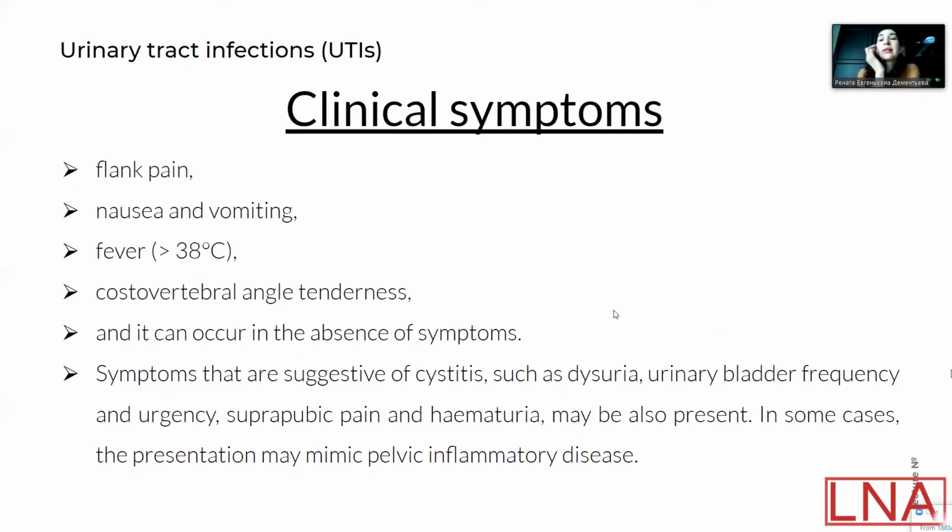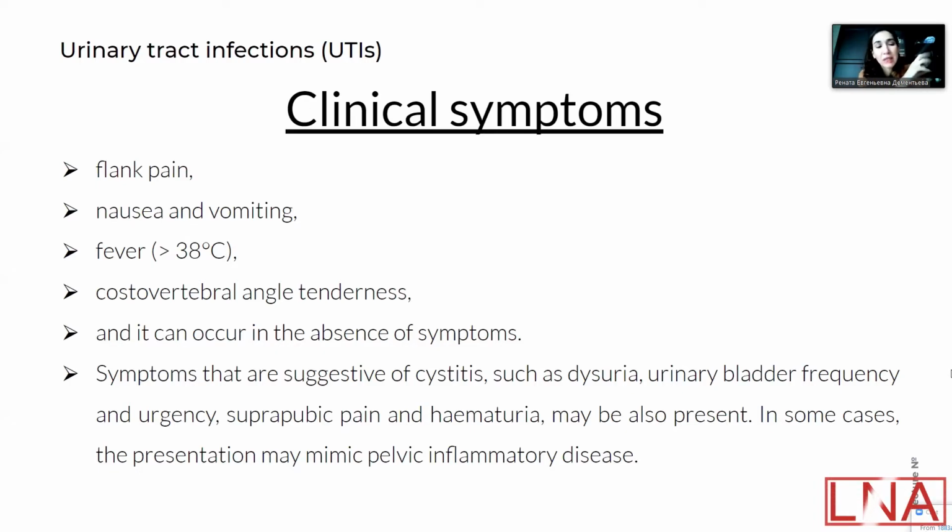About clinical symptoms: flank pain, which we discussed with you already, nausea and vomiting, fever more than 38 degrees, and we discussed why hectic type temperature curves are associated with infection of the kidney, costovertebral angle tenderness, and it can occur in the absence of symptoms.